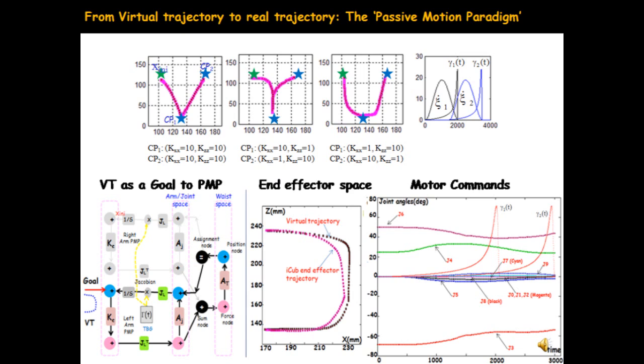So J6 is joint 6, J4 is joint 4. The left arm torso chain has a total of 10 degrees of freedom: 3 for the torso and 7 for the left arm. As iCub's end effector tracks the evolving virtual trajectory, you also generate the motor commands in the intrinsic space, and when you feed this to the robot, it actively performs the movement.